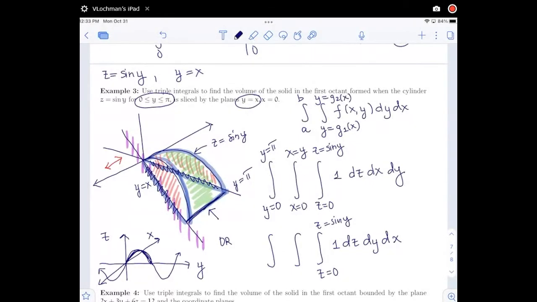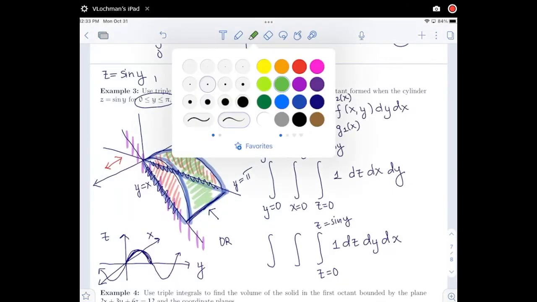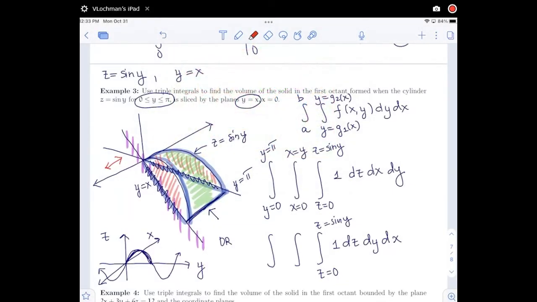Now I'm integrating in the y direction second. So what are my curves going to look like here? If I'm integrating in the y direction, I'm going from this curve right here, which I'll highlight in red, to this one. So this is y is equal to x, and we'll go up to y is equal to pi.